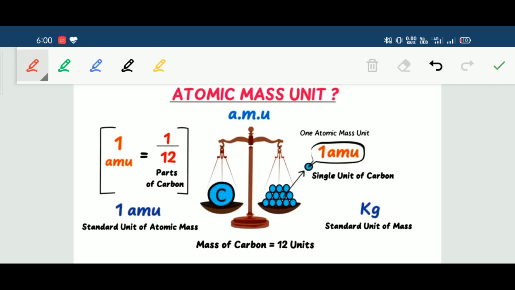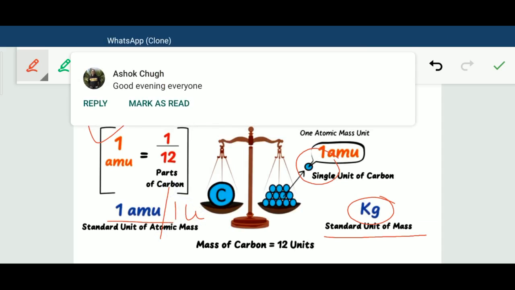And this single part, 1/12th of the carbon atom, is considered the standard reference for atomic mass, and it is calculated as one atomic mass unit. Students, just like kg is a standard unit of mass, similarly 1 AMU, which is now known as 1 U, is the standard unit of atomic mass.